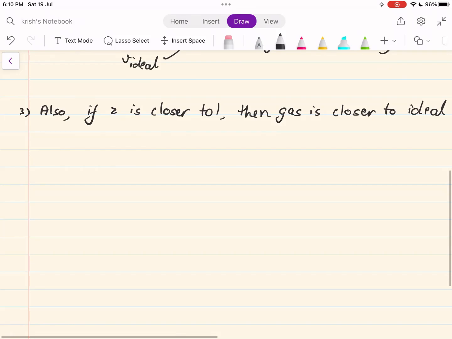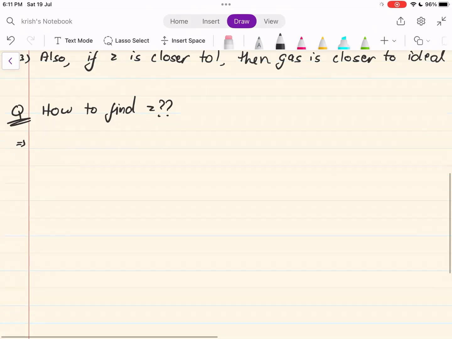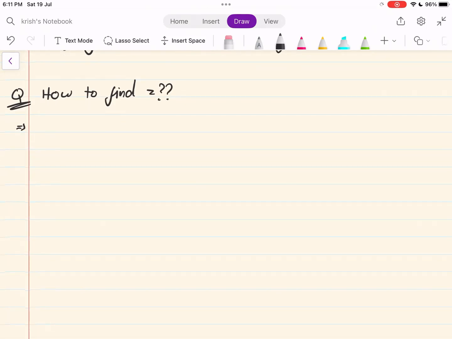Now, our question is how to find Z? And the answer is that the experimental values of Z have been determined and graphed for us in our thermotables. So we're going to learn how to use that graph.